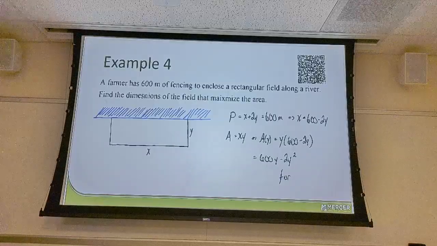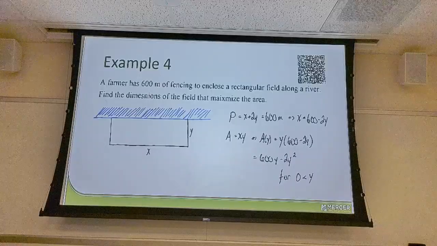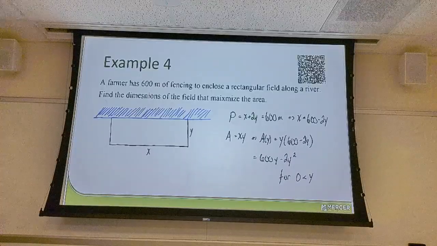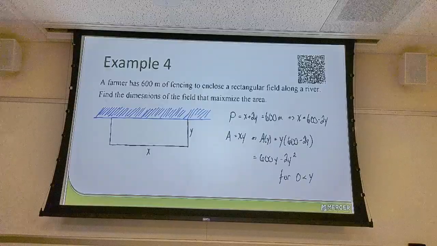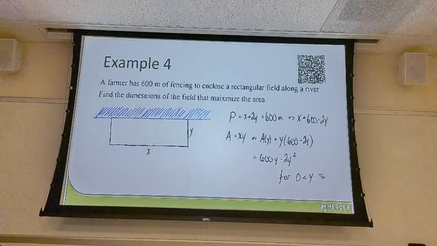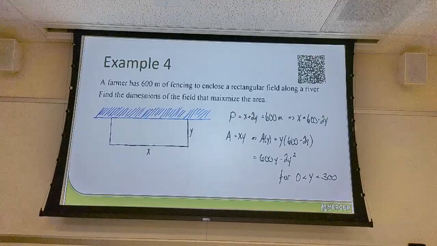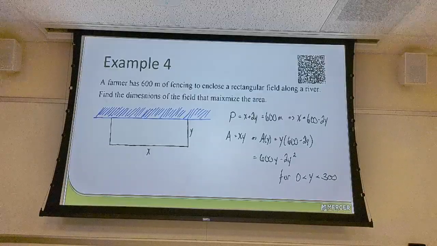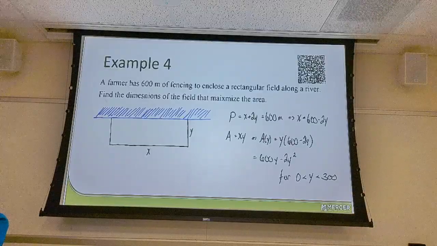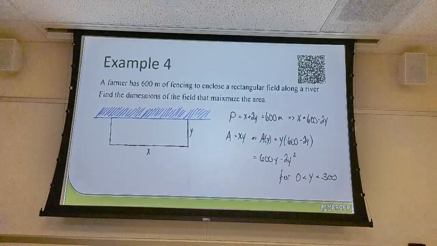For what? Well, again, y would have to be positive, right? What is the largest value y could be? So what is the upper bound? 300. Well, it can't be any larger than 300. Take its derivative. Oh, that's nice.